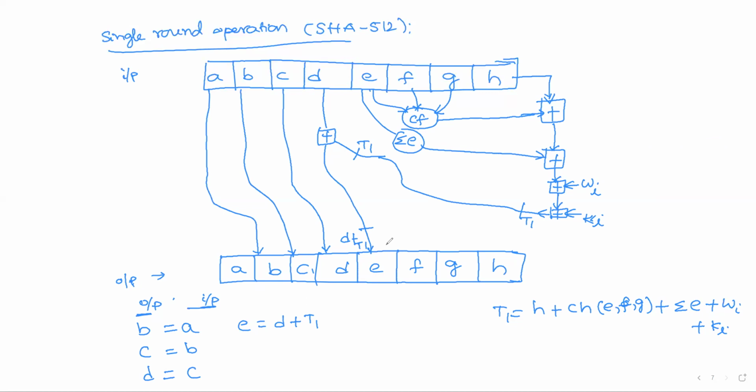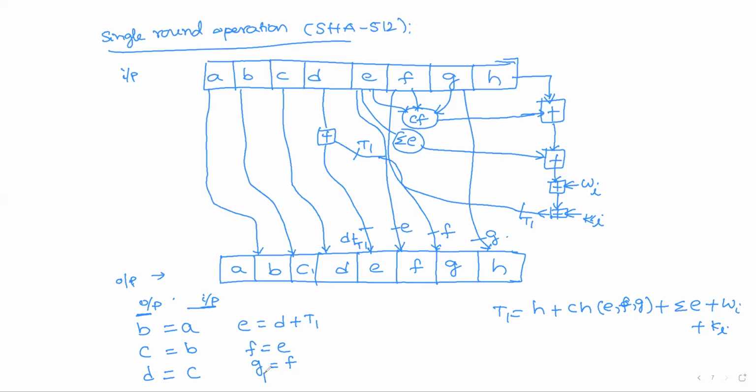Now you observe what is this F. F is directly assigned with the bits that we have in E. F contains the data of that buffer E. This is nothing but only E. Next for G, we have to take the data that we have in F. For H, we have to take the data that we have in G. So here G is nothing but the input of that round function.